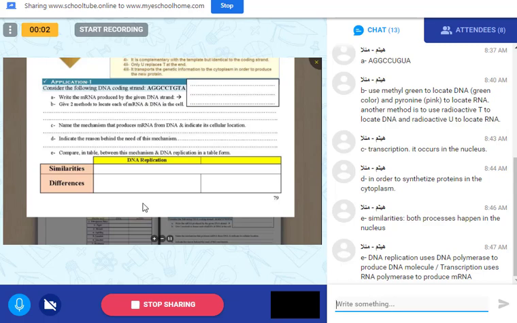So similarities: both happen in the nucleus. Differences: DNA replication uses DNA polymerase to produce DNA, while transcription uses RNA polymerase to produce messenger RNA.